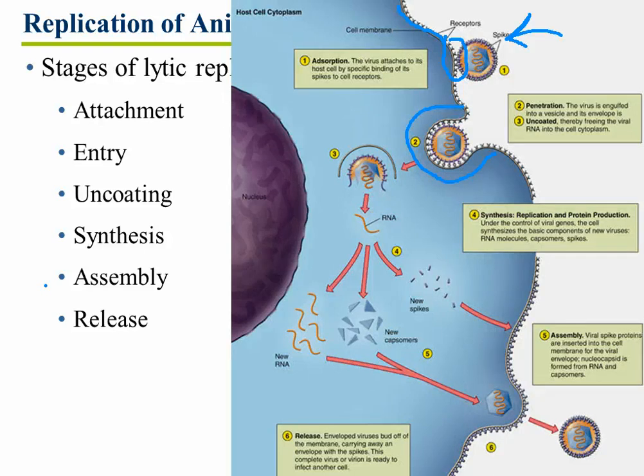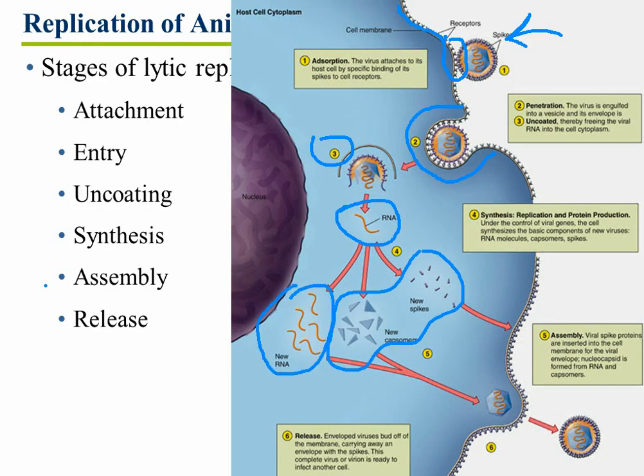Then, step 3, vesicle removed, capsid broken open, viral nucleic acid released. It is now going to be red, making viral proteins, these guys right here, and viral nucleic acid, in this case RNA, assembly, and budding. There's your release right there.